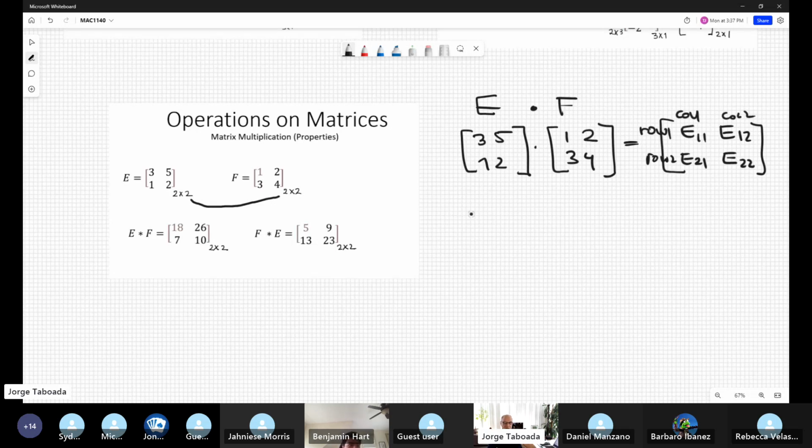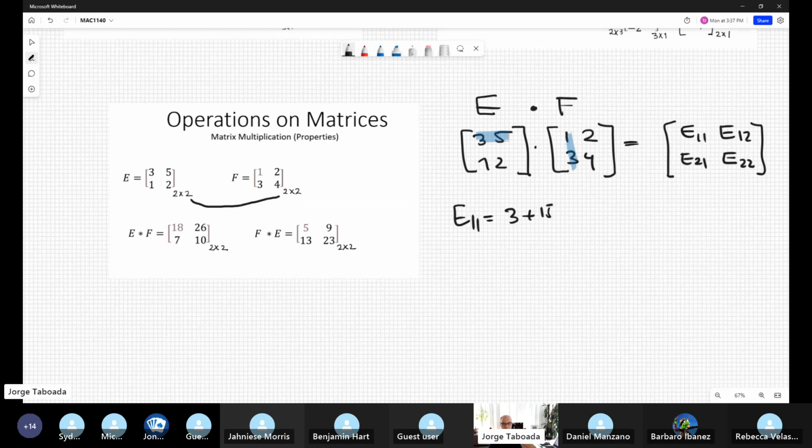This is the normal international notation that we use, a double subscript to indicate the position of the entry. Now let's do it. For E11, you multiply this times this. So it's obvious that it's 3 plus 15, 18. Wow, look at that.